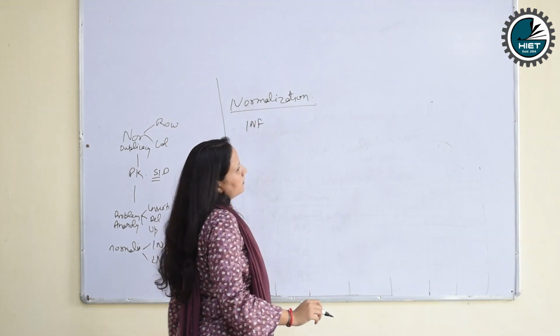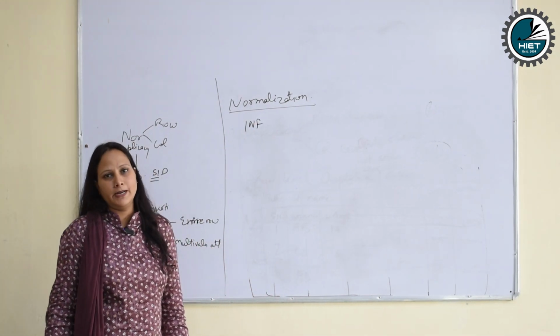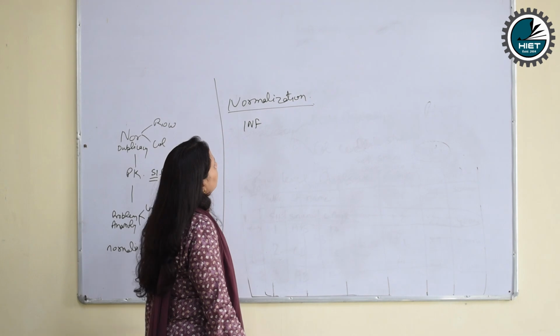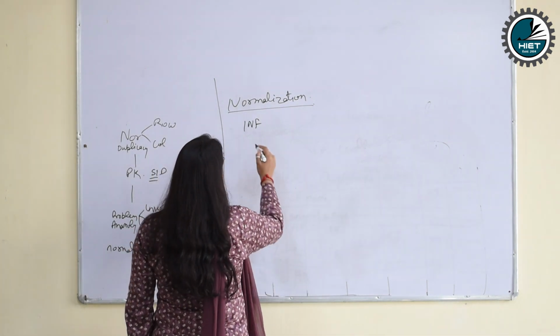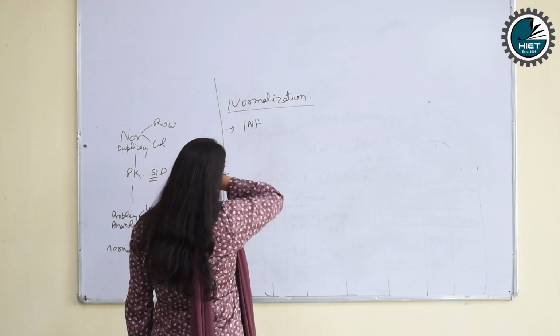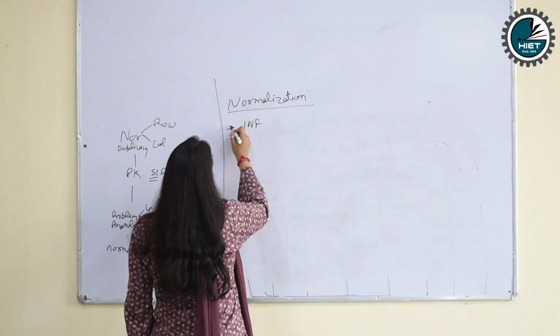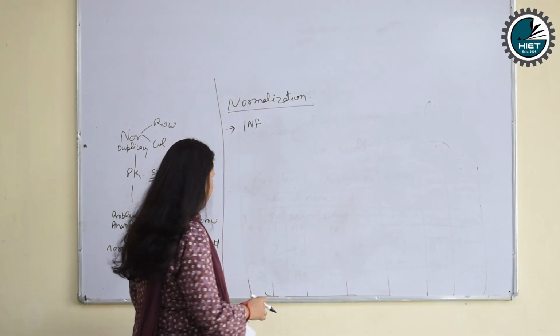We have different forms of normalization: 1NF, 2NF, 3NF, BCNF, 4NF and 5NF. So we start from 1NF.